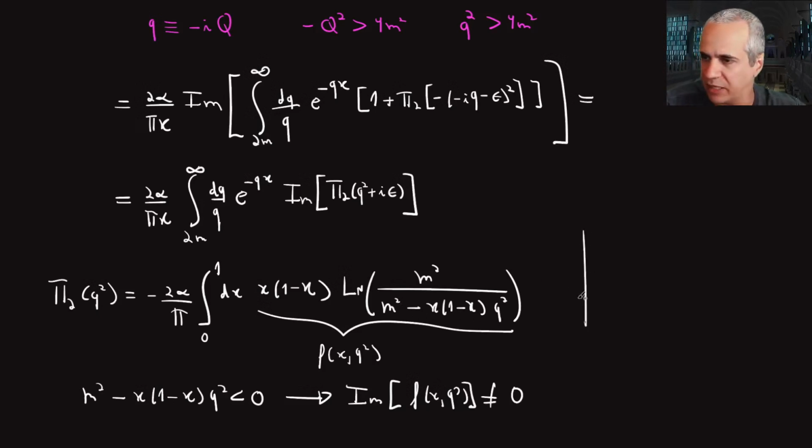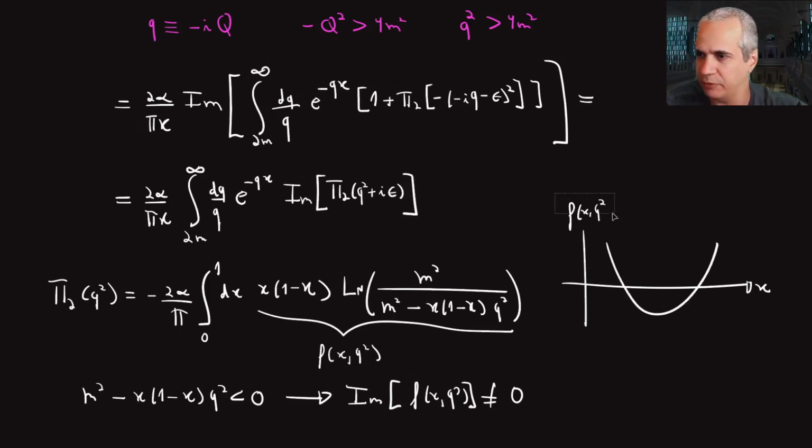This looks something like that, right? This function at the bottom, for a fixed value of q, so this is x, and this is f of x, q squared. Really just this part at the bottom here. This looks something like this, and I'm interested in this part.